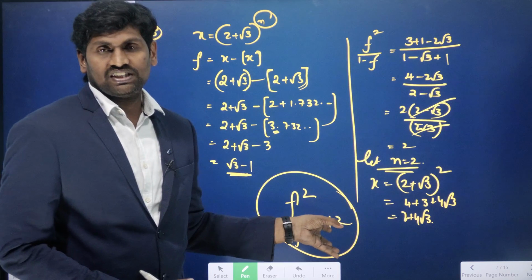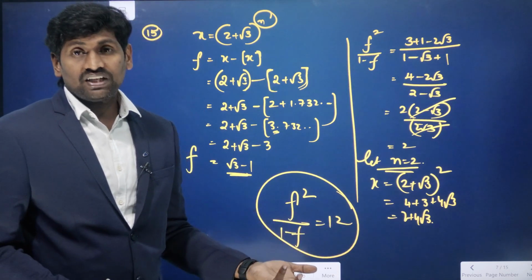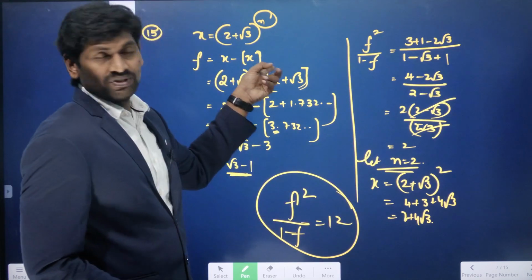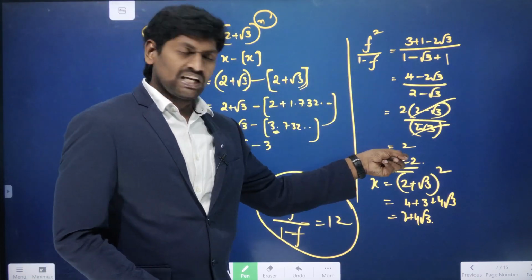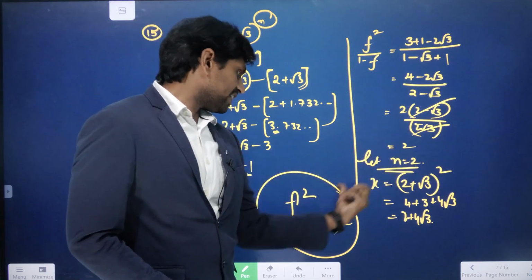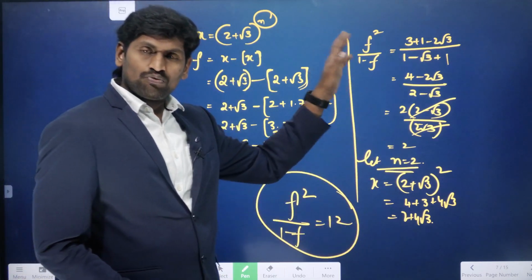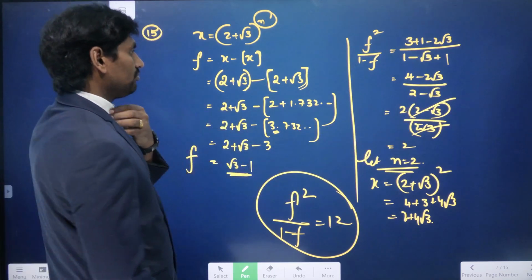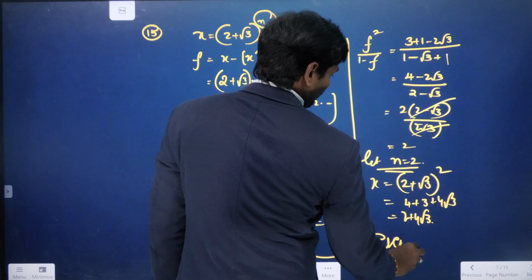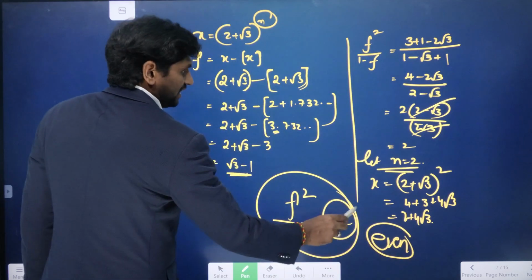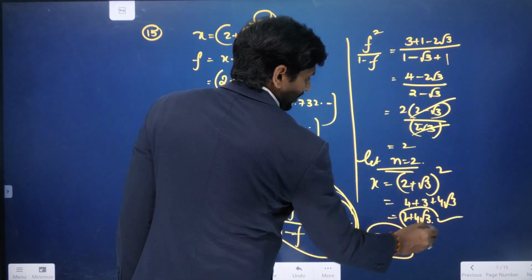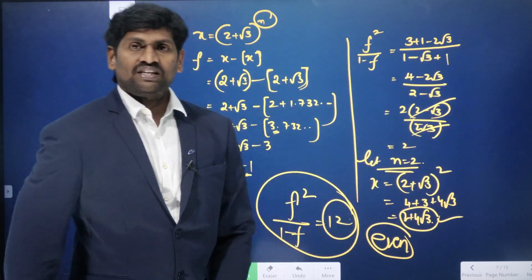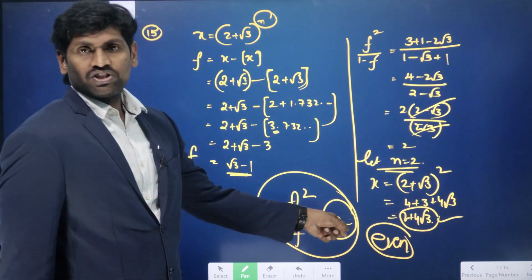When we take n value 1, we get an even number, and when we take n value 2, we also get an even number. So it is nothing but an even function. So try using that n value, with 7 plus 4 root 3 in place of x, and do the entire process. You will get the answer f square by 1 minus f equals 12.